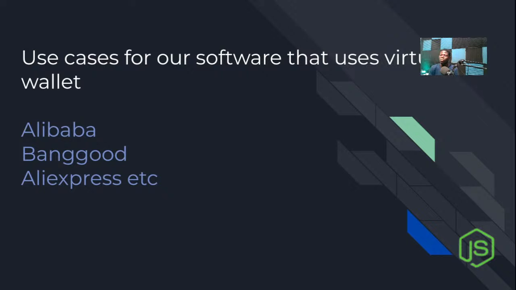Okay, so one, we have Alibaba, Banggood and AliExpress. All these are e-commerce websites. So let me just throw some more explanation into it. Basically, what the e-wallet is trying to simulate is a form of storage. Currency is invisible.